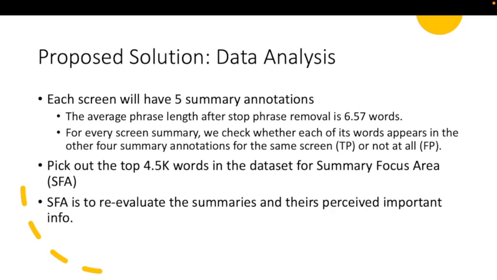Then in each summary, we count each word and compare it with the 4 other summaries so that we can decide if it's a true positive, meaning it really appears everywhere and not just in some. After that, we pick out about 4,500 words for a summary focus area so that we can figure out the best and most essential words.